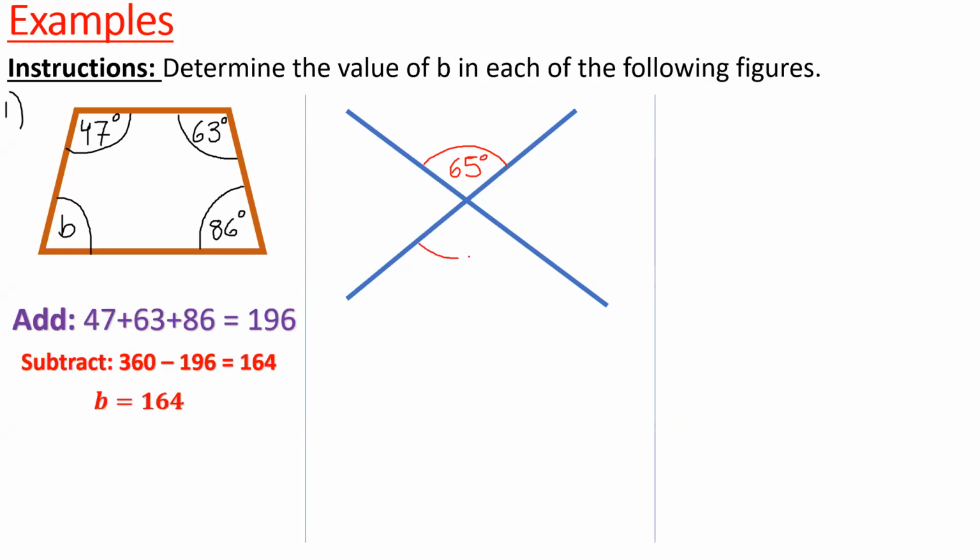And we say that this is B. We also know that this is equal to 85. Question, what is B? What is the value of B?